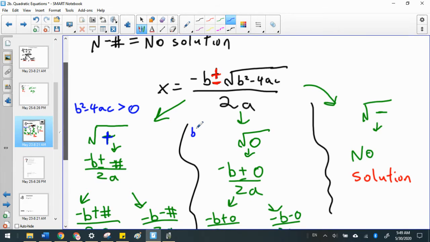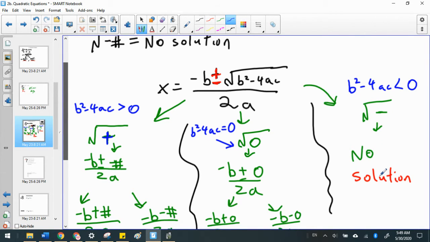Now, if the b squared minus 4ac is equal to 0, you know that negative b is going to add and subtract by 0, which changes nothing. So then you're going to get one solution only. And lastly, if what's inside the square root is negative, meaning that b squared minus 4ac is less than 0, then we know for sure that no real number is getting pulled out, and we are going to have 0 solutions.